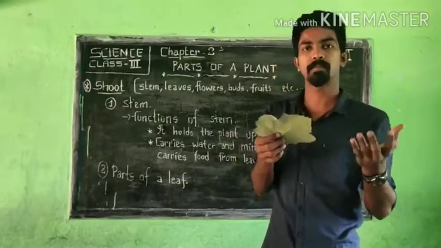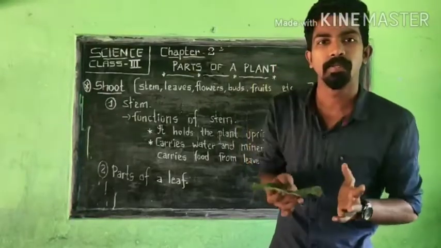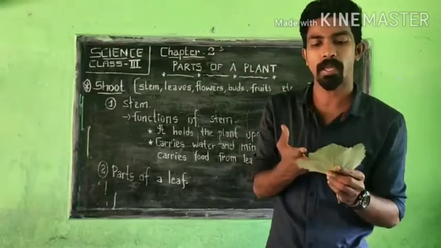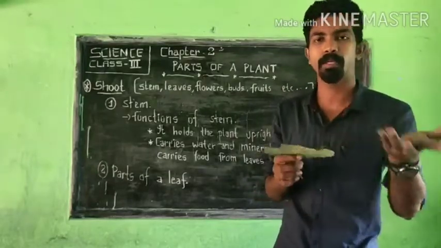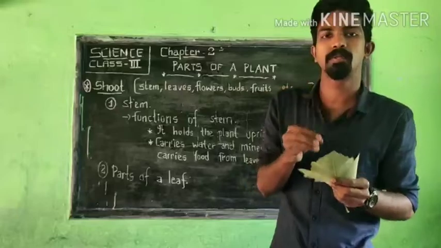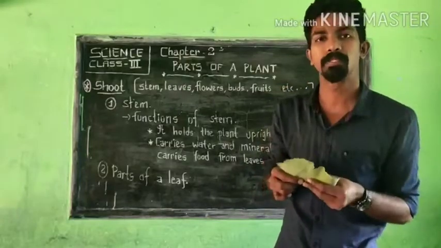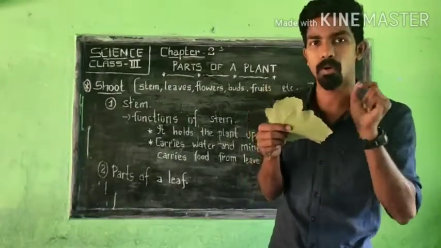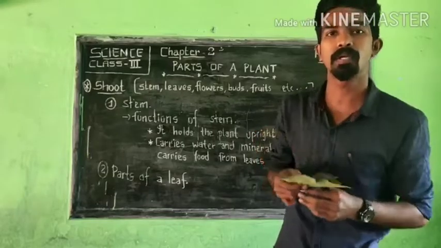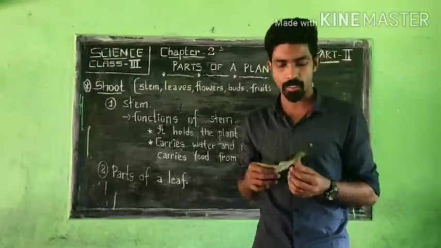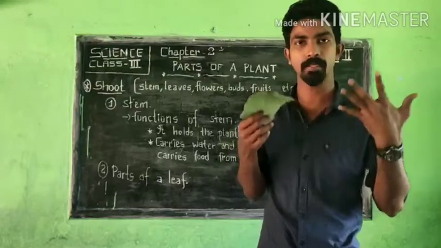In the air, we need oxygen to stay alive and the plant needs carbon dioxide to make its food. The leaf gets all these things from the air because of the small holes present under the leaf called stomata. With the help of stomata the plant breathes.